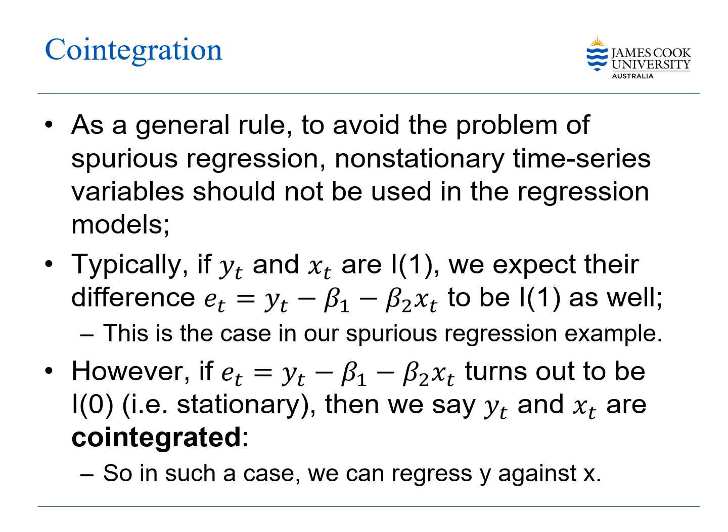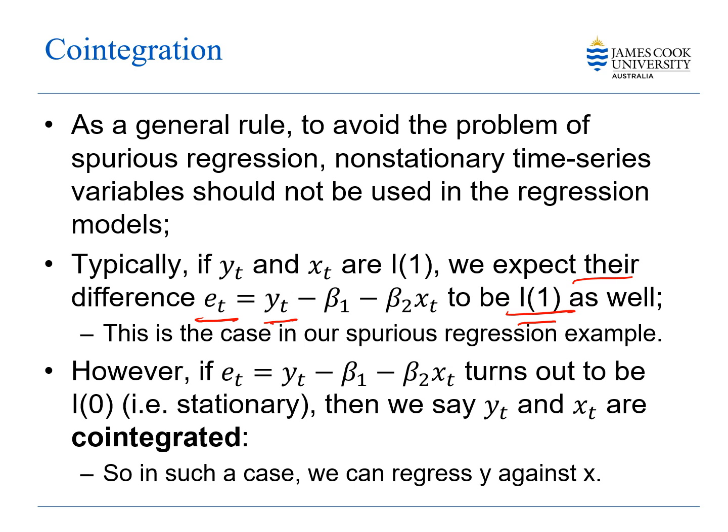As a general rule, to avoid the problem of spurious regression, non-stationary time series variables should not be used in a regression model, at least directly. Typically, if yt and xt are I(1), non-stationary in levels but stationary in first difference, then we expect the difference, for example et equal to yt minus beta 1 minus beta 2 xt, to be I(1) as well.